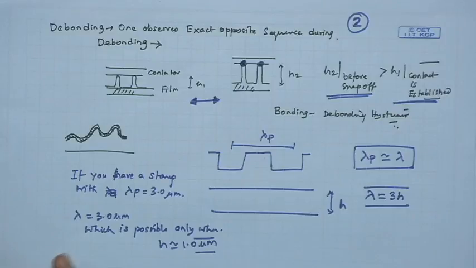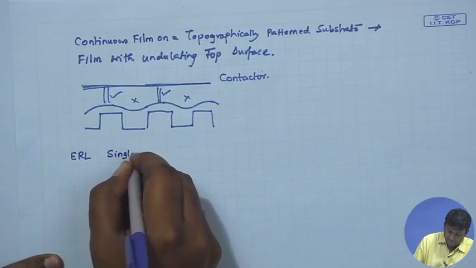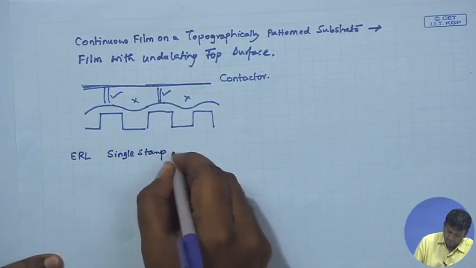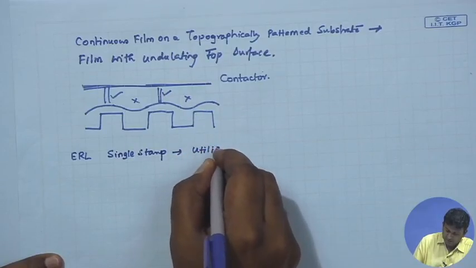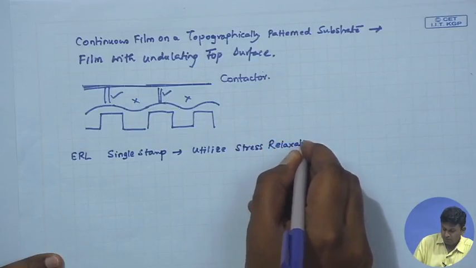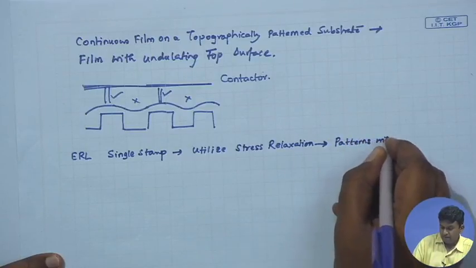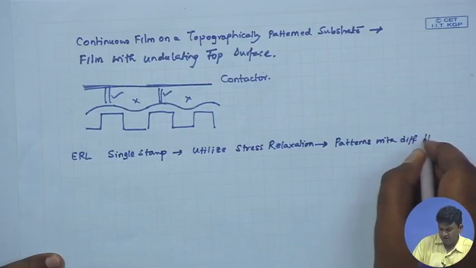Now, that is fascinating, because in the context of this stress relaxation based elastic recovery lithography, we have seen that using a single stamp, it is possible to create patterns with different feature height. In elastic recovery lithography, or ERL, a single stamp utilizes stress relaxation to get patterns with different height.